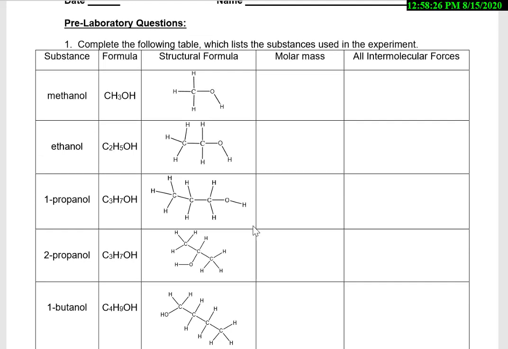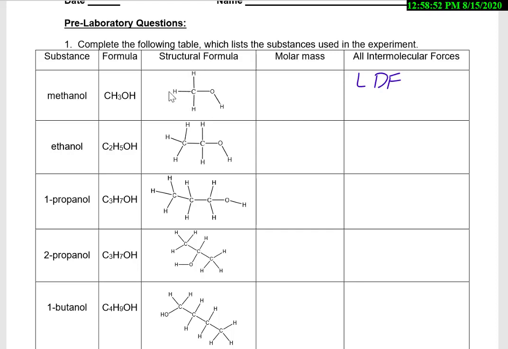So here for the pre-lab, you'll complete this whole page. You'll add up the molar mass for each compound, and you'll list the intermolecular forces. So for example, if we look at methanol here, we know that all molecules have London dispersion forces. This one also has a center atom carbon, and the four surrounding atoms are not identical.